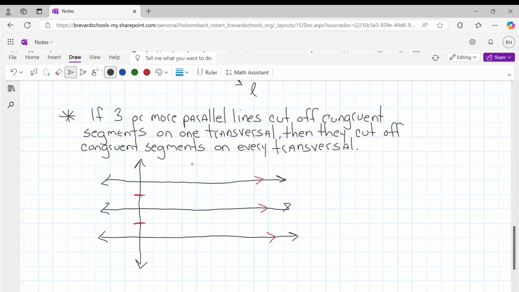What the theorem says is if there's another transversal then these pieces in that transversal would be congruent to each other.